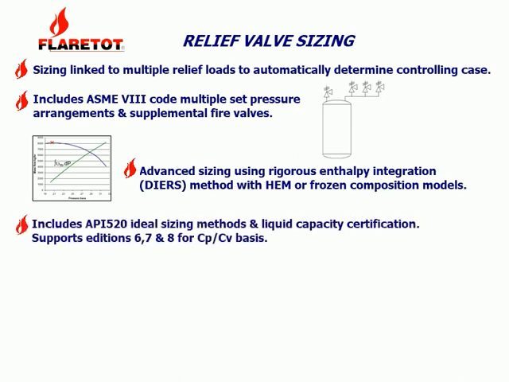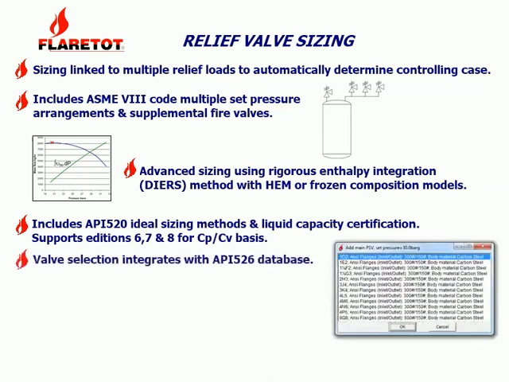All API 520 gas and liquid sizing methods are provided, including liquid with capacity certification. It has support for editions 6, 7 and 8, for basis of ideal gas specific heat ratio. An API 526 database of allowed relief valves by set pressure and operating temperature is provided.